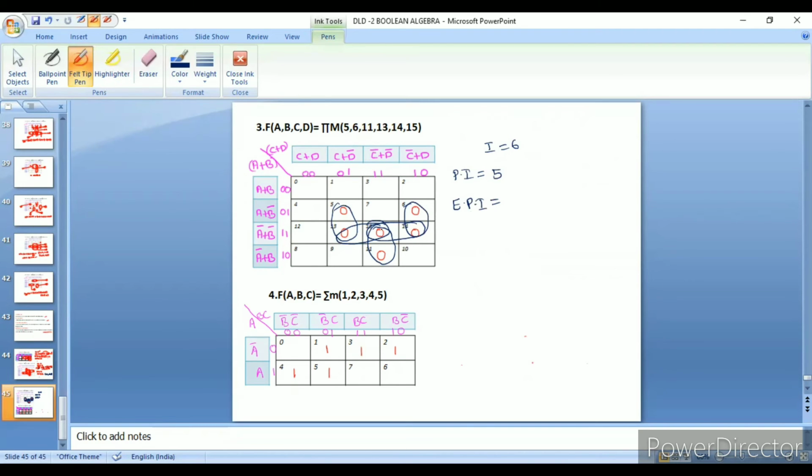any other way. So 5 only one time covered, 6 only one time covered. So this 11 only one time covered.